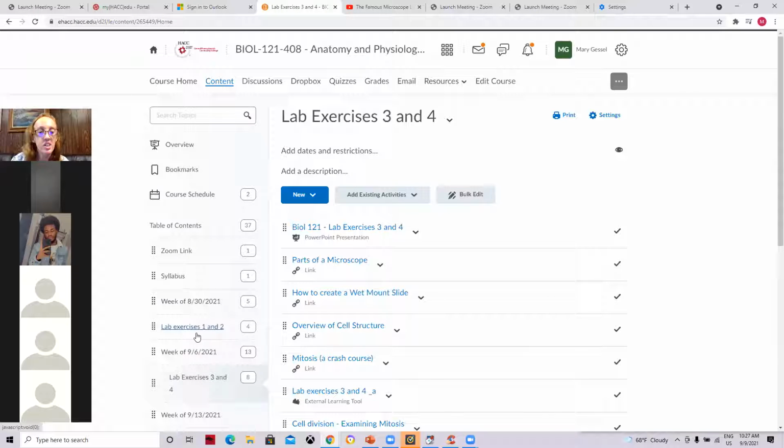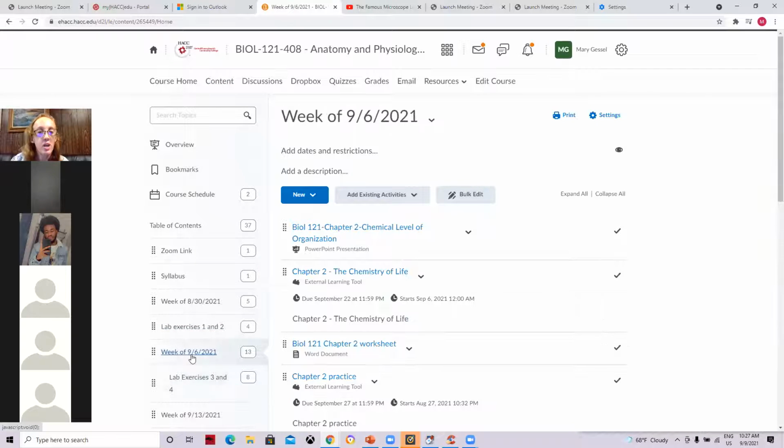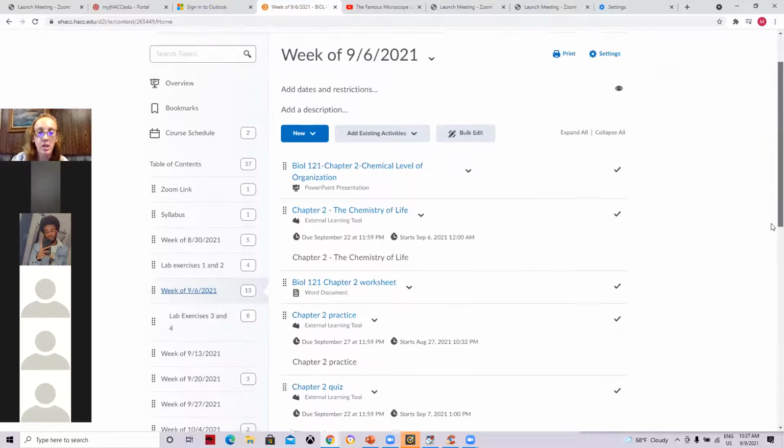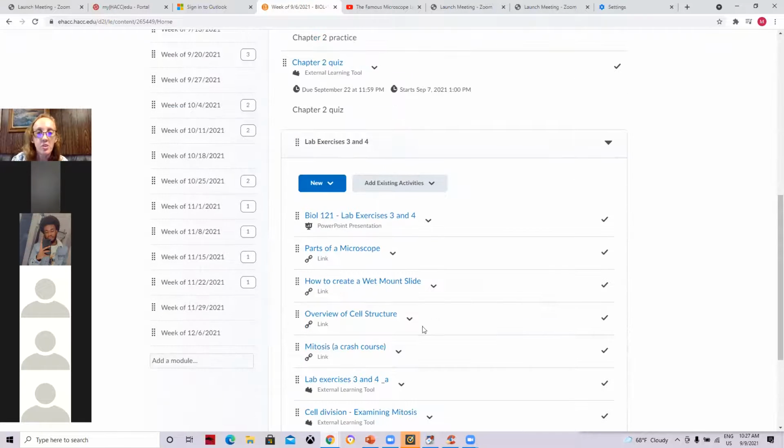What you will see is that under this week, I've made a sub-module, a mini module that's got the lab exercises. Everything that we cover in lab will be in here. I'm going to do it like this from here on out.